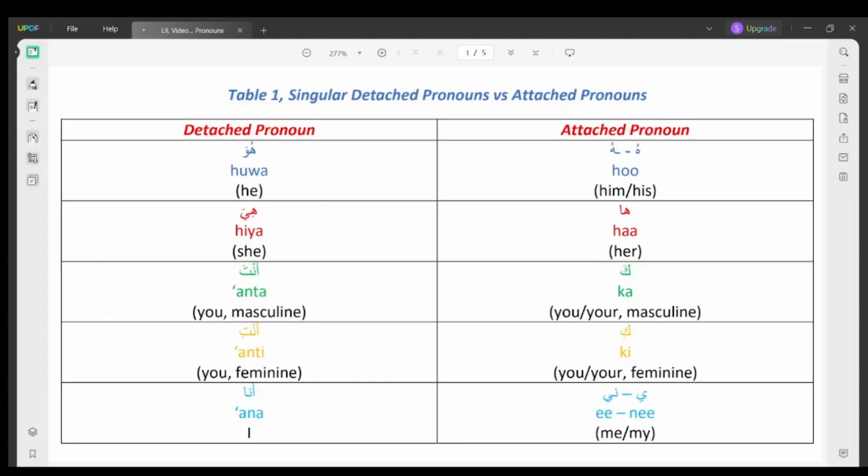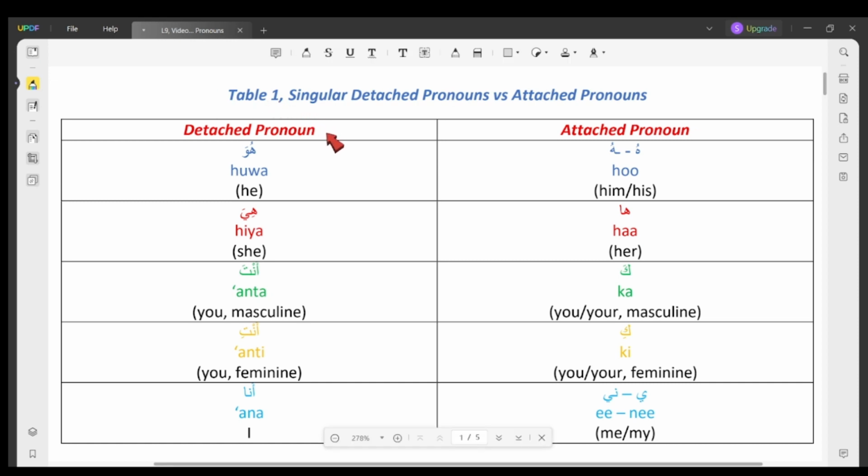In the table on the left side, we can see the normal form of the pronoun, also called the detached form. The first one being huwa, meaning he. And now on the right side, we have the attached form, hu, meaning his or him, depending on the context.